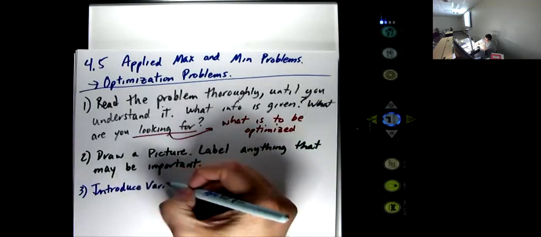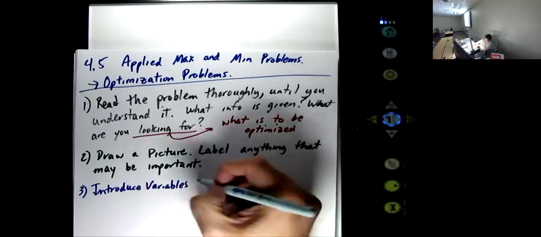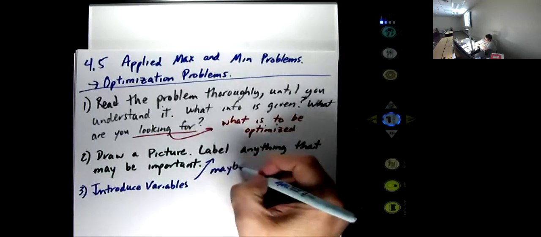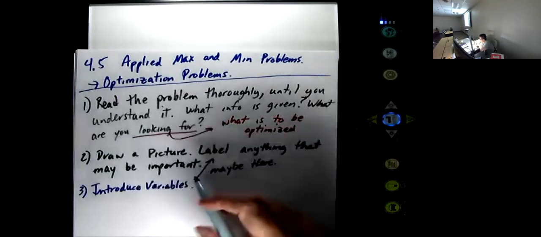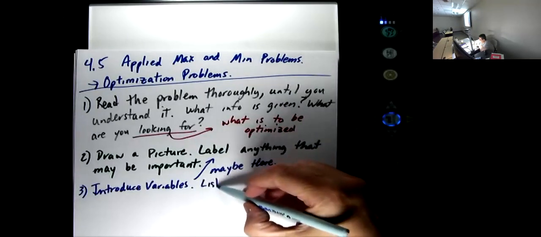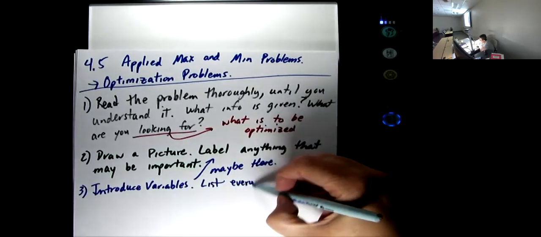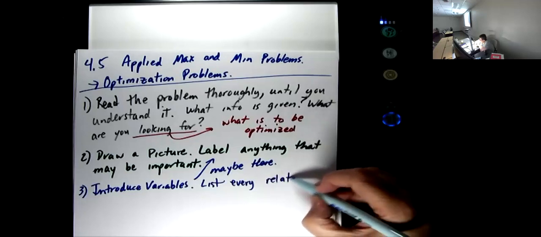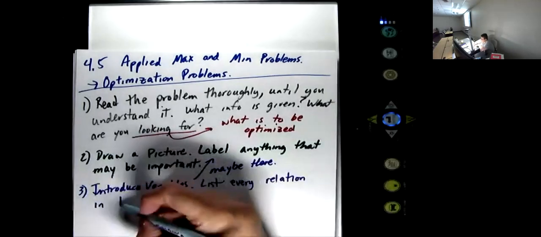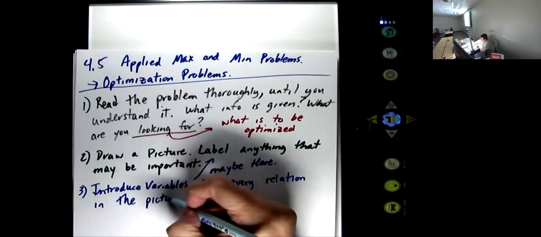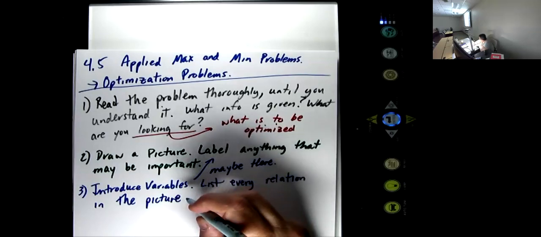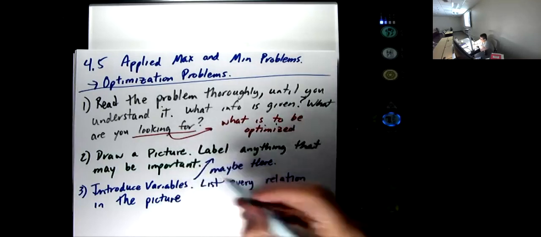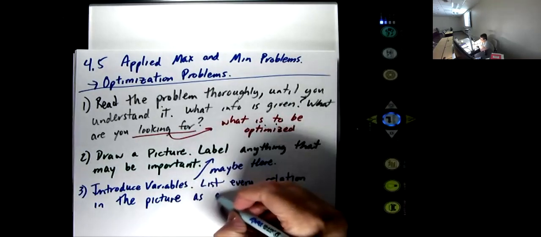You probably have done this in your labeling. And then list every relation in the picture as an equation or expression.